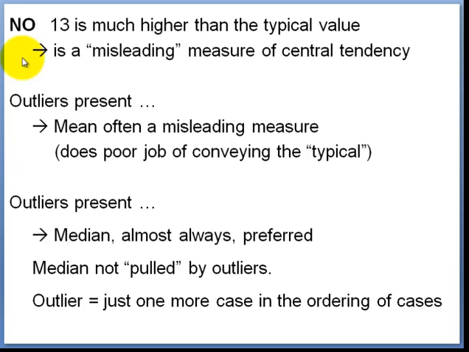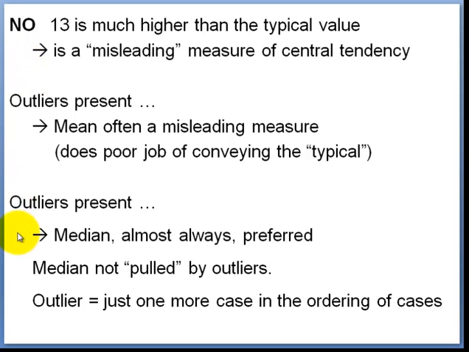Most of the values are much lower than 13, and we want our central tendency value to, in essence, be a common typical value. So when outliers are present and the mean is used to measure central tendency, the mean can be pulled so much that it's no longer a typical common value. And in that situation, the mean is a misleading measure of central tendency.